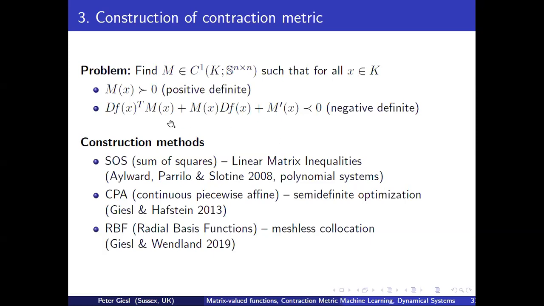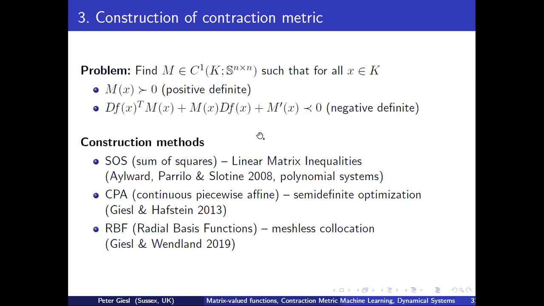Now, this is a problem that has been studied in different contexts, and these are some numerical construction methods that people have used. The first one, as you see here, where this just means positive definite, negative definite, involves linear matrix inequalities.